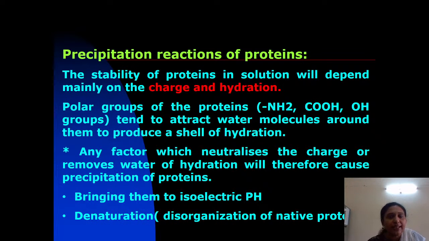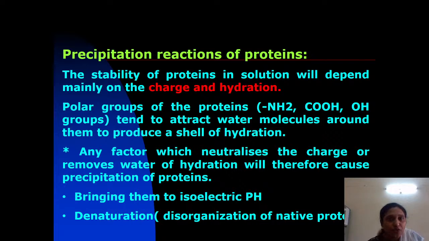Not only that, the precipitating agent may bring the protein to isoelectric pH, or it may cause another process, denaturation. Denaturation means disorganization of the native protein, so the protein loses its biological activity. Now, there are a few precipitating agents which cause the precipitation of a protein. What are the properties of a precipitating agent?